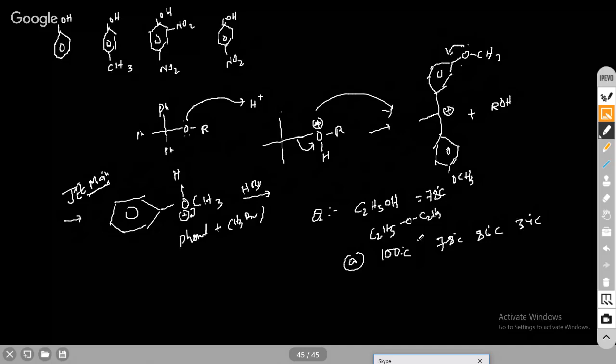Intermolecular hydrogen bonding is present in ethanol, and because of that, its boiling point is higher. Two things you keep in mind: when you have intermolecular hydrogen bonding, boiling point and melting point increase.